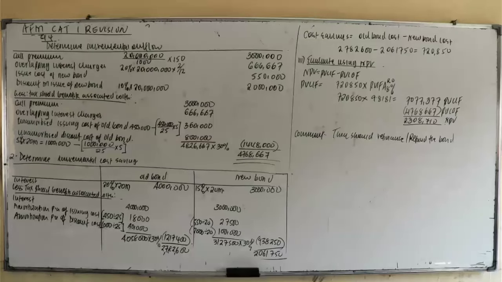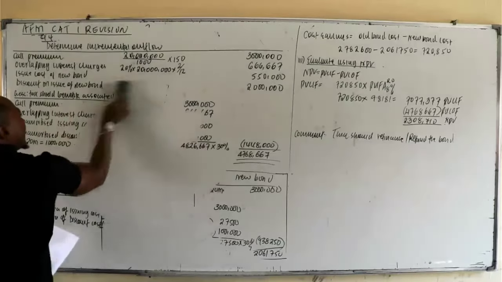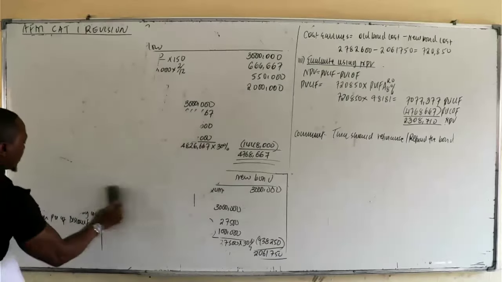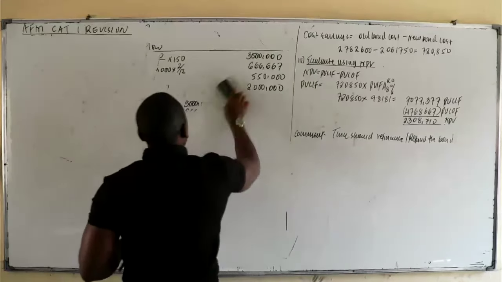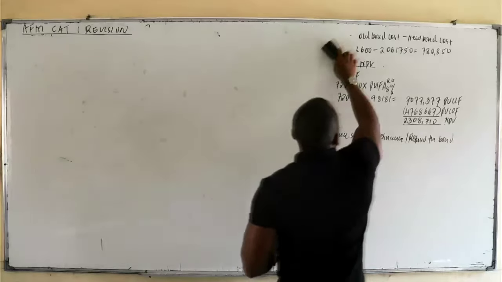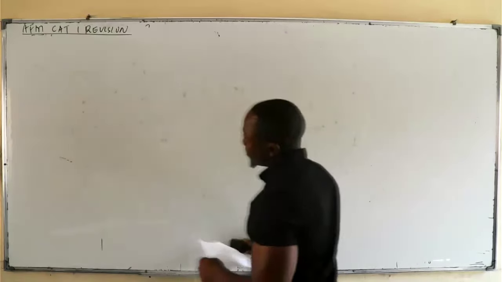And now let's do the last one. Question 5, you are told that AFM Limited has a potential investment opportunity of which the initial cash outlay and the future cash flows are uncertain.